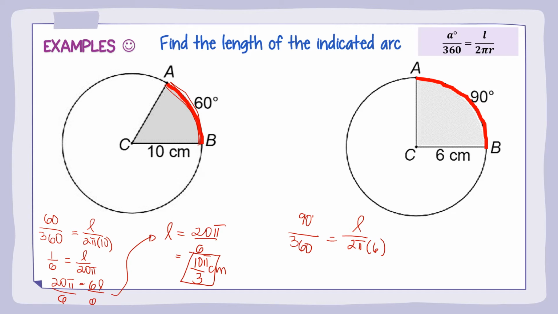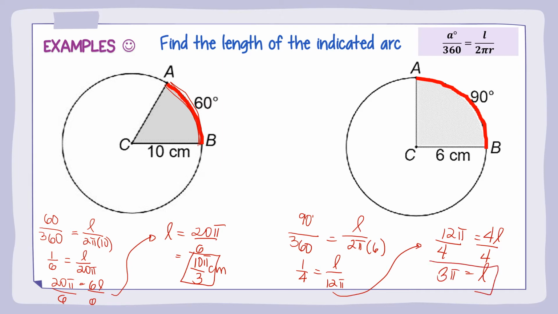Lowest term, 90 over 360 is 1/4 equals length over 12 pi. We have 12 pi is equal to 4L, and dividing both sides by 4, we'll have the length equals 12 divided by 4 is 3 pi. So our length is 3 pi centimeters. Okay, so ganun lang siya.